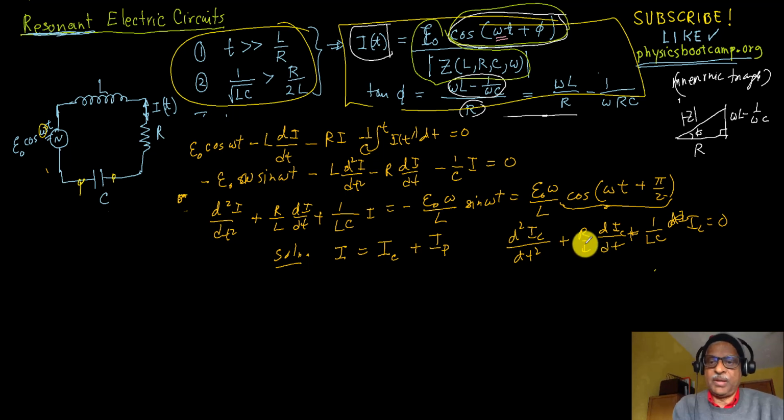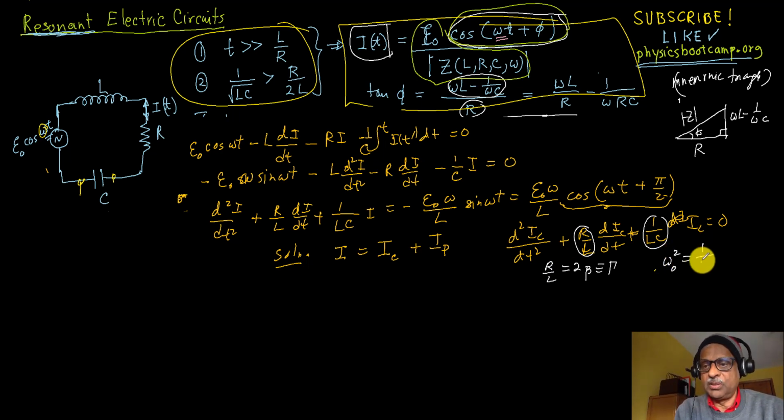You know this is a damped harmonic oscillator, so let's call R over L as 2 beta. This is also denoted as gamma. And 1 over LC we're going to say is omega naught squared. Then it becomes a simple damped harmonic oscillator problem.